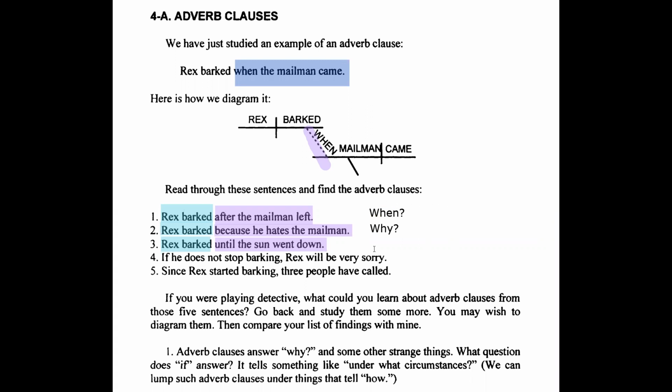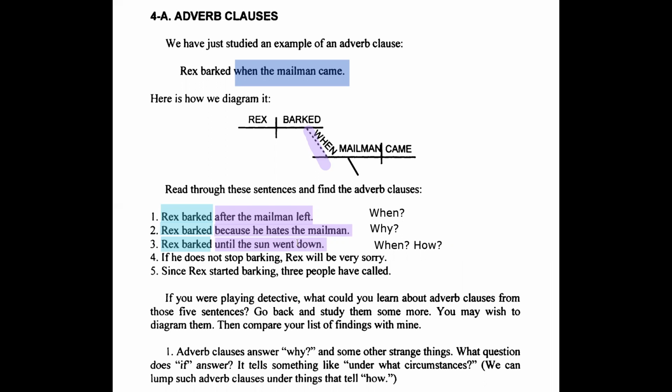Here we could probably say when, or even how. How did he bark? Until the sun went down, but maybe when is more like it. So again, until the sun went down, we have the subject, the sun, and then went is the verb. So this is definitely a clause, but it can't stand alone. If I just say that, it's not a complete sentence.